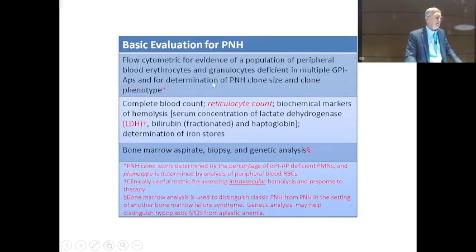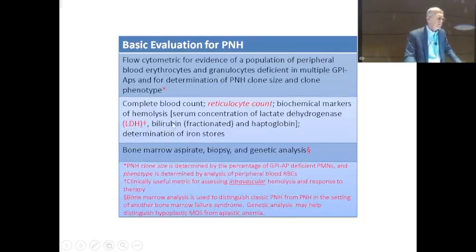Other important aspects are the complete blood count. We want to know if other cell lines are affected besides the red cell line. And the retic count is an important parameter for assessing the function of the bone marrow. And then we look for biochemical markers of hemolysis, and the LDH is a very important one, particularly in identifying so-called extravascular hemolysis.